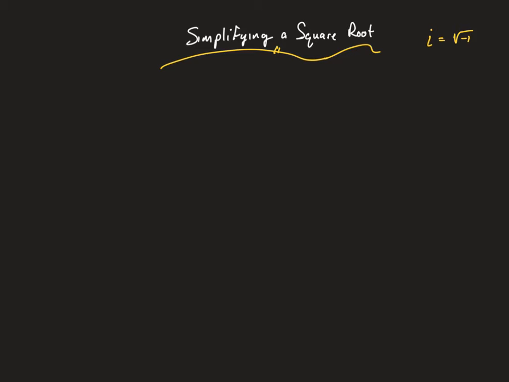So when we go to simplify a radical, we learned in algebra that if we have something along the lines of the square root of 16, well, that's just going to be 4 times 4. So the square root is 4.